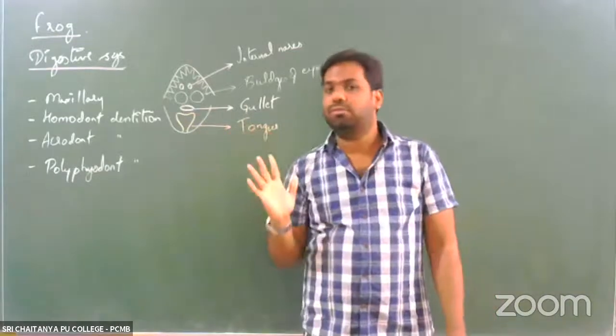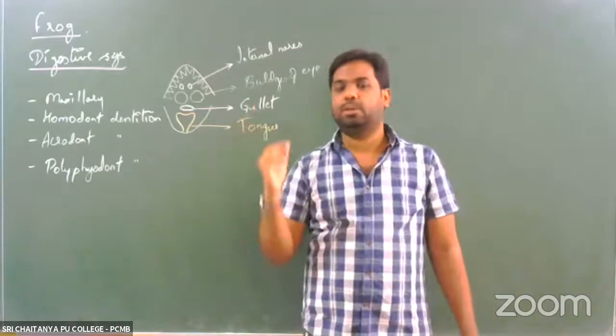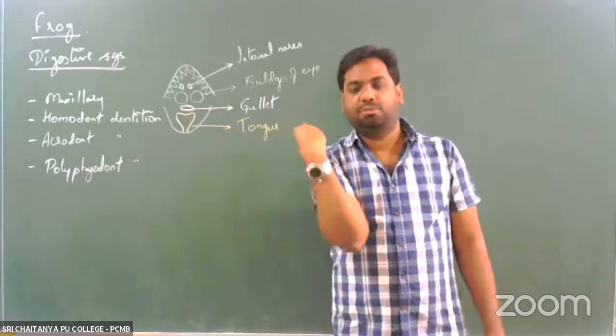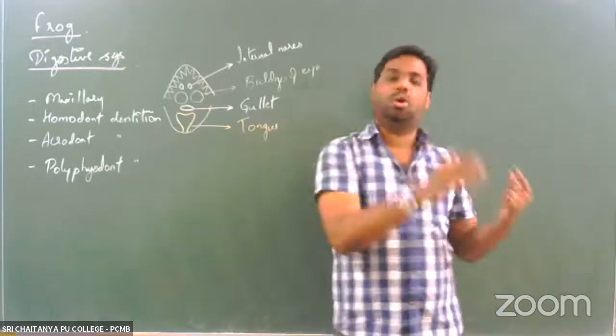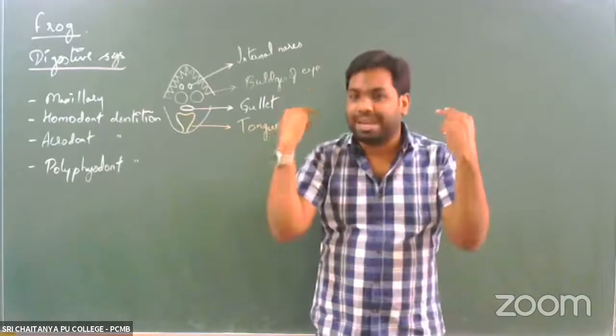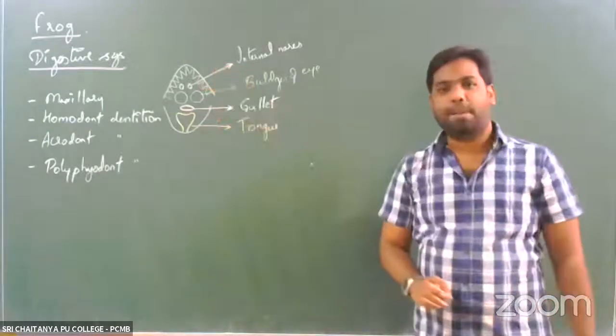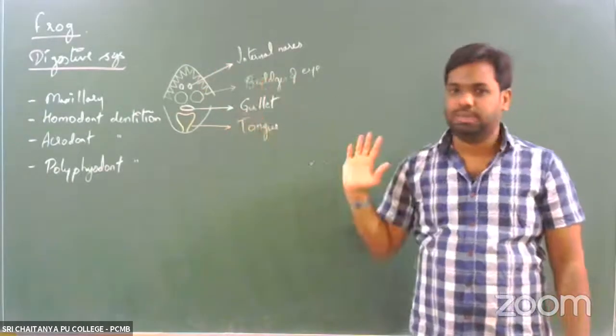The characteristic feature of the tongue here is that it is attached towards the anterior side, and the posterior side is free. Whereas in humans, it is quite opposite: the posterior end is attached, while the anterior end is free. So this is what we have with the buccal cavity of this organism, the frog.